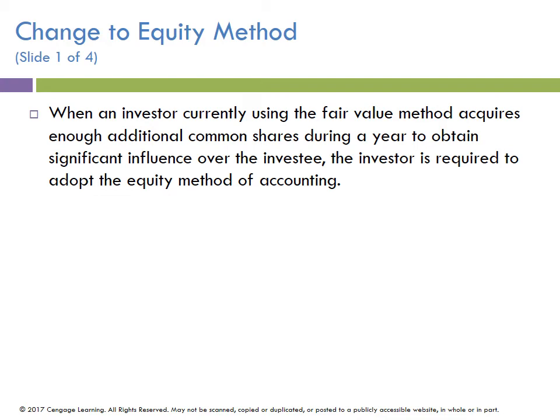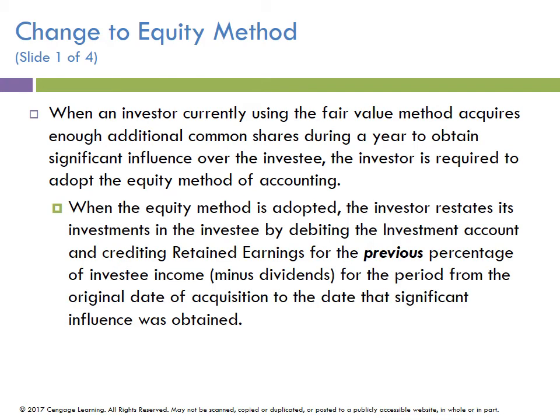When an investor currently using the fair value method acquires enough additional common stock to obtain significant influence. So let's say for many years you've owned the stock of a company and have accounted for it as an available for sale security, and you own 15% of it. And this year you bought 15 more percent, and now you own 30%.